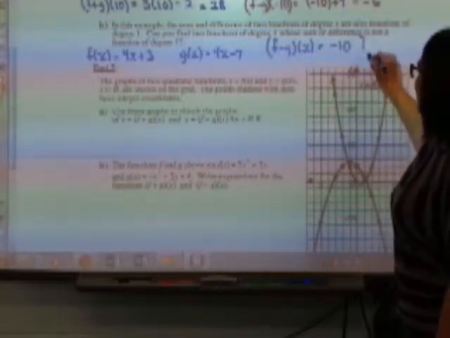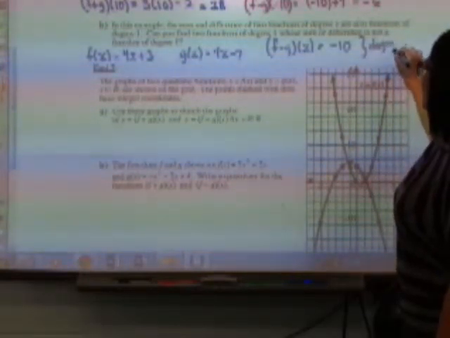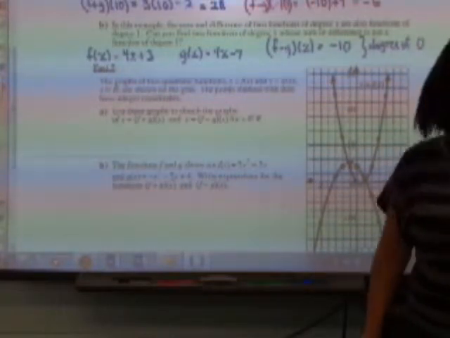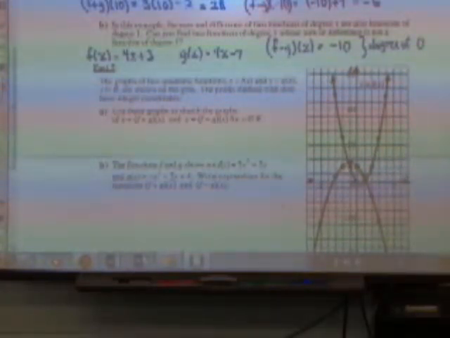So this is a degree of 0. So if the coefficient on x is the same, when I subtract them, I would eliminate that x term. If they were opposites, so if I had f of x being 4x plus 3 and g of x being negative 4x, when I added them, those x terms would cancel each other out, and I would be left with a constant term.